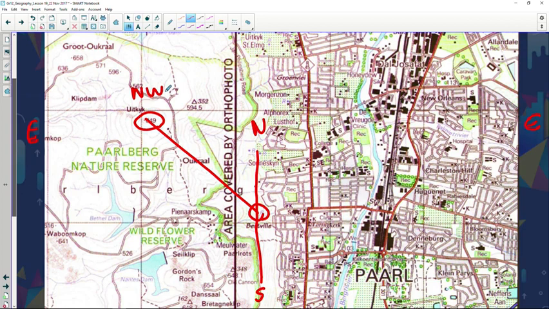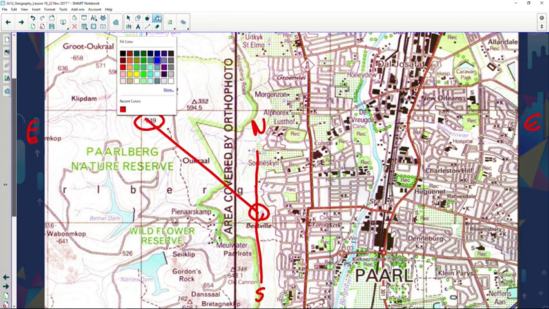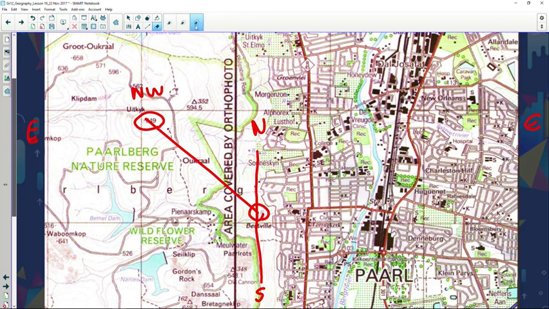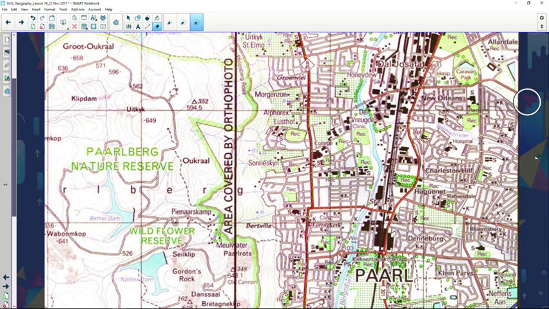Very important to be able to determine your direction. Let's quickly remove this with the eraser and continue with today's topic.